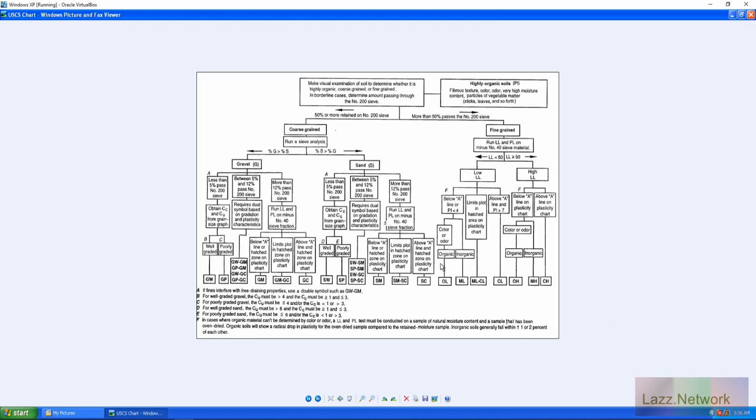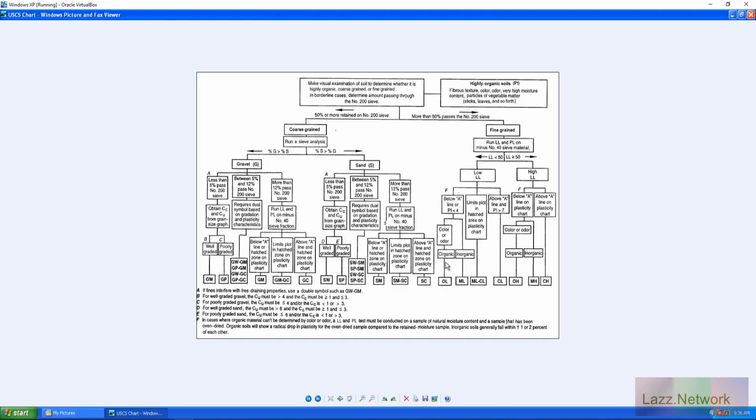So from that, they really want you to focus on whether it appears to be organic or inorganic, and the way to tell is color and/or odor. Usually organic material is black in color, or really dark browns. It's a very, very dark color, which is an indicator, but generally it's the odor itself. It's going to have an organic smell, like decaying plants and whatnot. It usually doesn't smell pleasant at all.